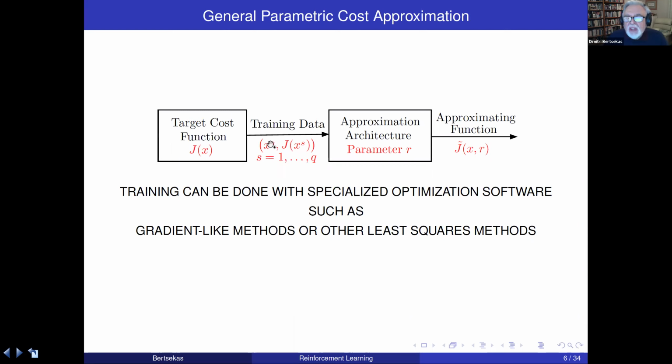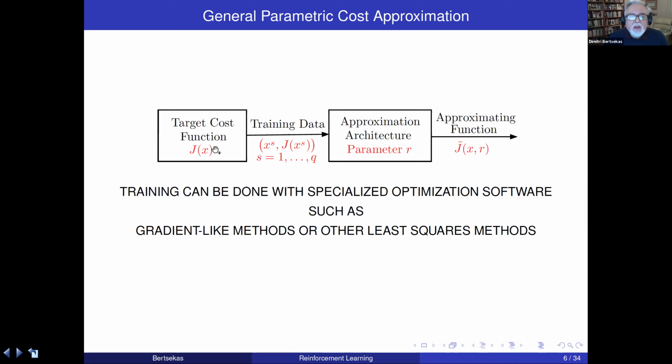These are selected states from the state space, and these are the corresponding cost function values, which somehow we compute, perhaps with some error. But for the moment, we're going to neglect the errors, and let's say that we compute exactly these cost functions. Similar things hold if there are error terms here.